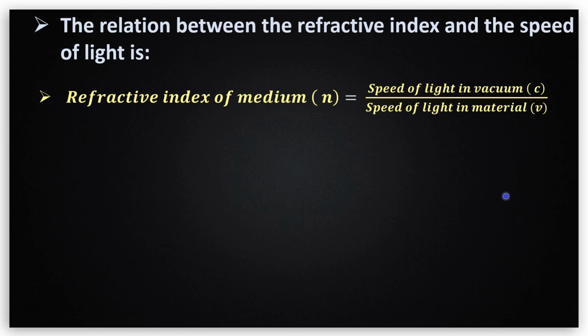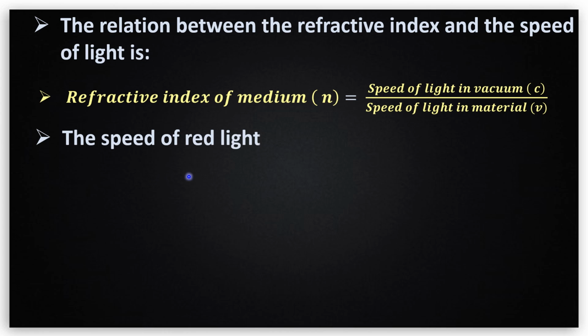We just now have seen the speed of red light is more. When the speed of red light is more, c is constant, that is Vr is more, Nr is less. And the speed of violet light is less, that is Vv is less, then Nv is more. That is, finally, the refractive index of violet light is more than the refractive index of red light.